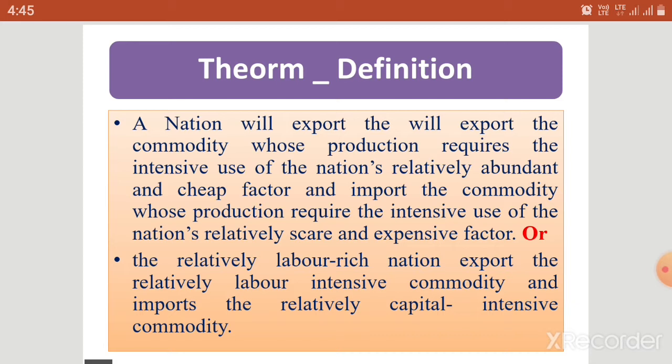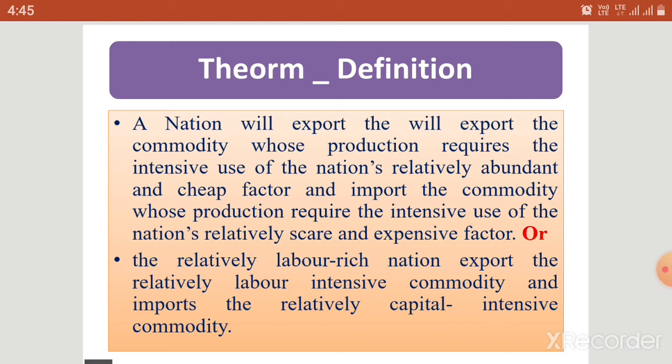For example, if a country has a lot of labor, that country should use the laborers in the process of production and should produce the labor intensive good. Another country has capital available very much, so that country is better to use capital, machineries, in the process of production.